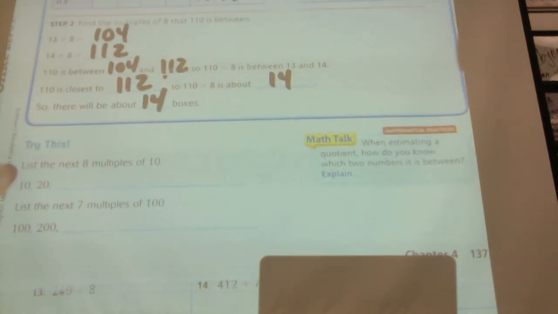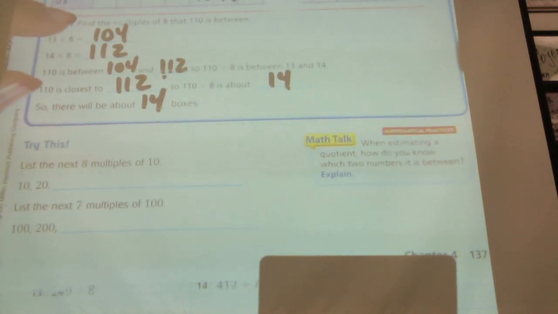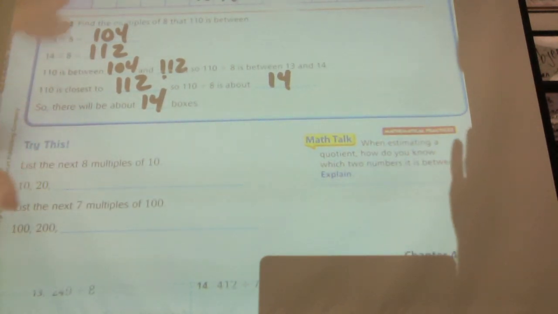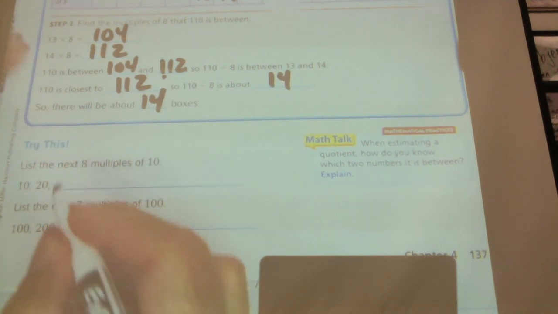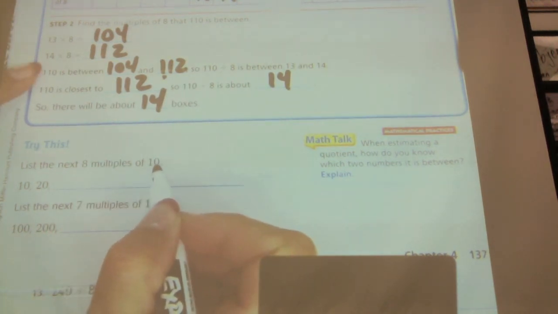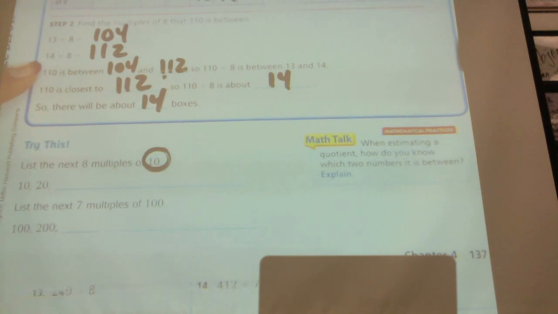List the next 8 multiples of 10. It's basically skip counting. Do you guys remember skip counting before? We're skip counting by, in this case, 10. And how many times do they want us to skip count? 8.